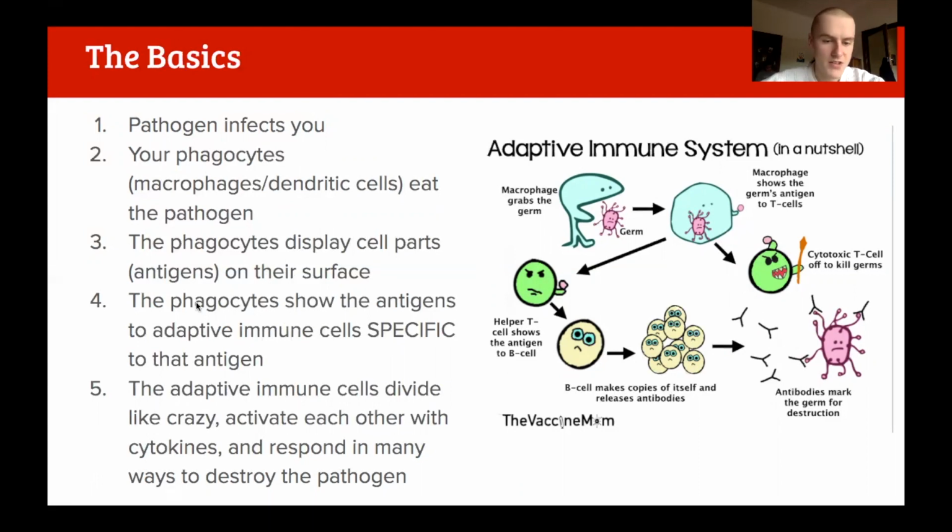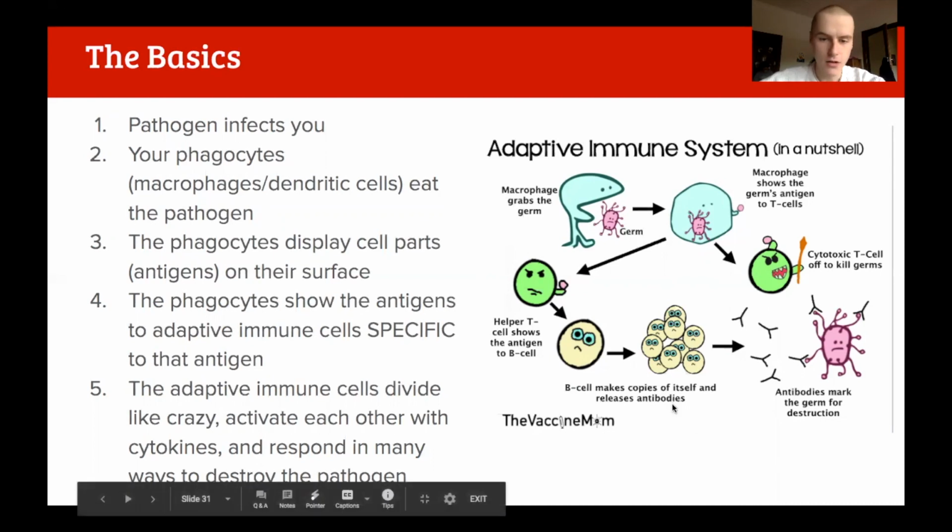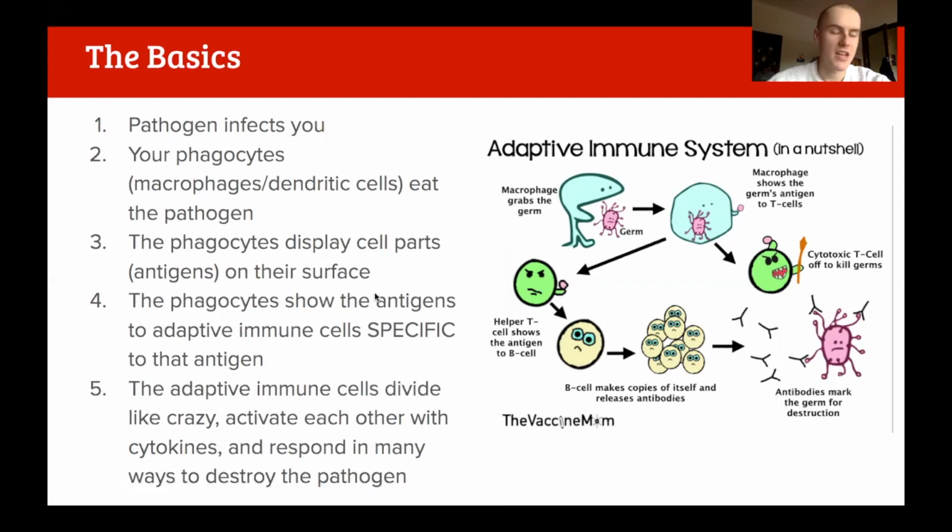Then after that, your phagocytes, which have those antigens now on their surface, show them to adaptive immune cells, those T and B cells we were talking about, and they have to show them to a specific T cell or a specific B cell, which targets specifically that antigen. So each individual T cell or B cell targets a specific antigen, and that is predetermined at the birth of that T cell or B cell.